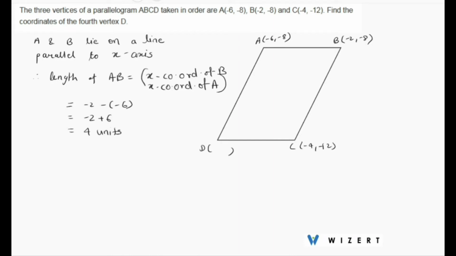Now we know, since this is a parallelogram, DC is parallel to AB because they are opposite sides of the parallelogram. So DC also will have the same y coordinate.